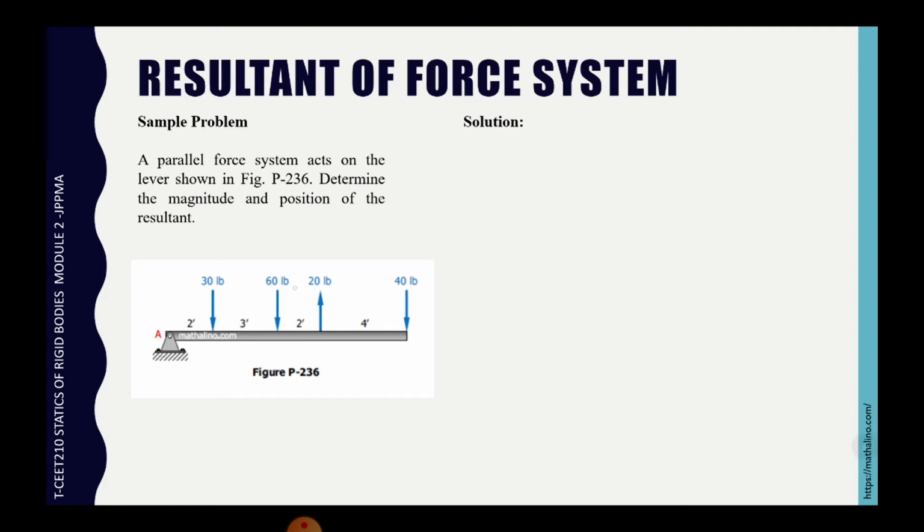So, mag-a-assume tayo na si R, and meron siyang distance na tawagin natin D. The requirement of this problem is to determine the magnitude and position of the resultant. So, this is the resultant and the position is letter D.